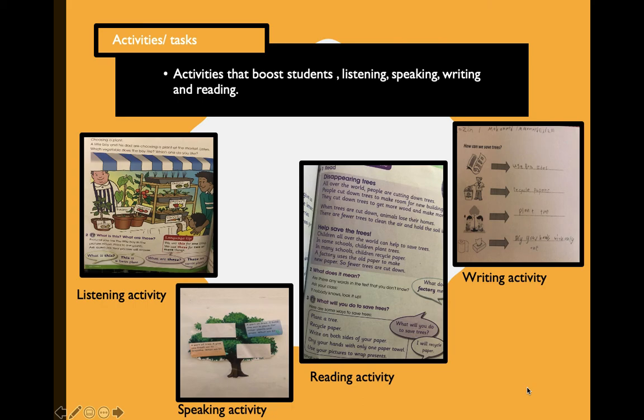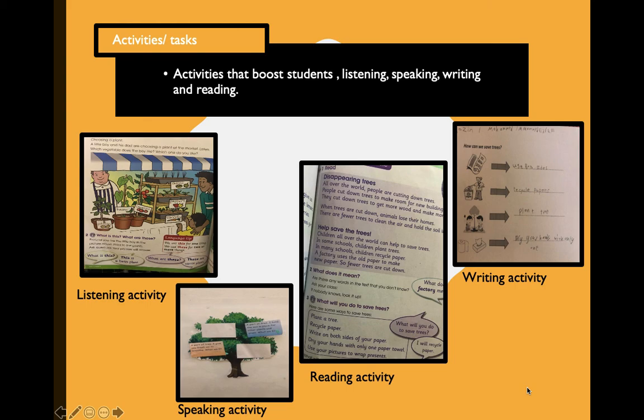Thus, each lesson included 1 to 2 activities that required students to use those skills. So here we can see 4 examples, one for each skill. The first is a listening activity, which the students did in their learner's book.